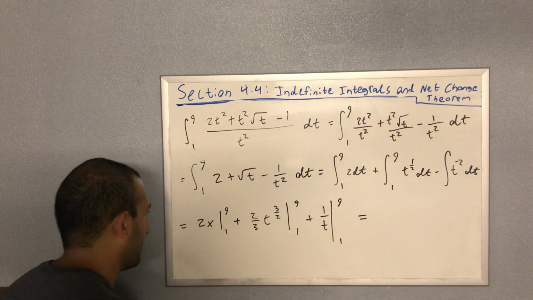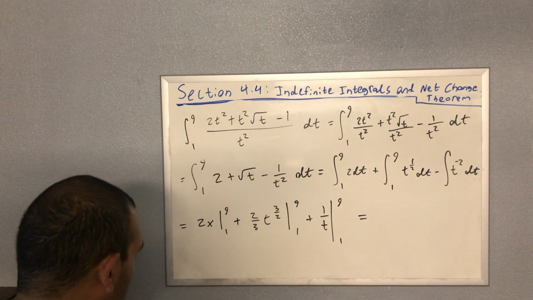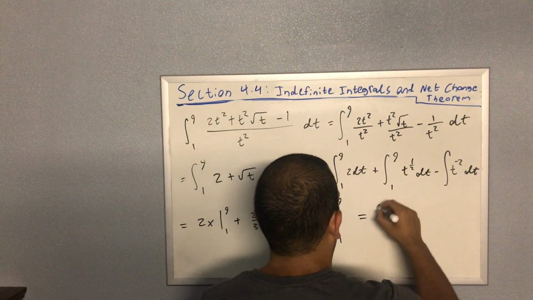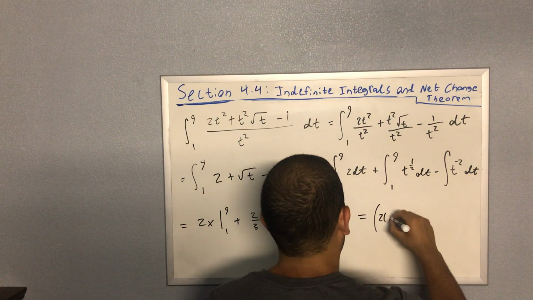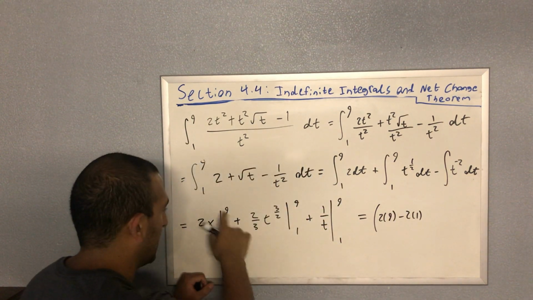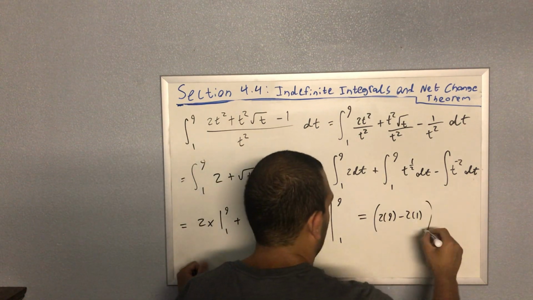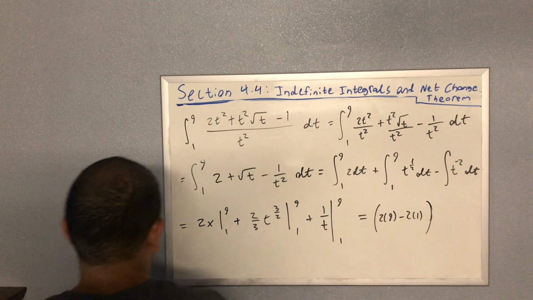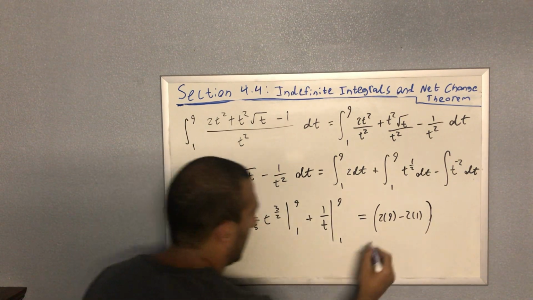Okay. So then, doing each of these in chunks, this is going to be 2 times 9 minus 2 times 1. That's this piece here. Maybe I'll color code it. So this is the blue piece.